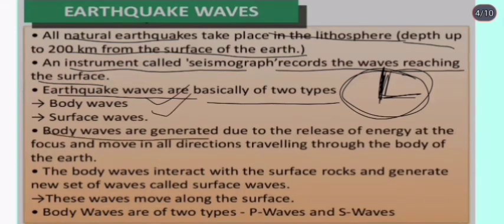Body waves are generated due to the release of energy at the focus and move in all directions, traveling through the body of the earth. So what are body waves? When an earthquake occurs, it releases energy, and due to this energy, body waves are generated, and these waves travel in all directions.